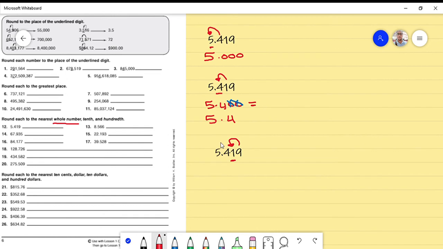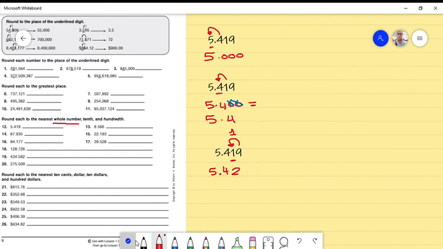Sure, it will be up. So you add 1 to 1, so 1 plus 1 equals 2. And 4 stays 4, then the point, and 5. As I said before, we don't need to write a 0 here. So it's 5 and 42 hundredths.